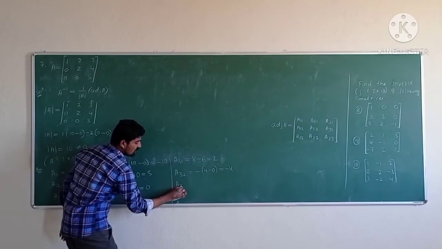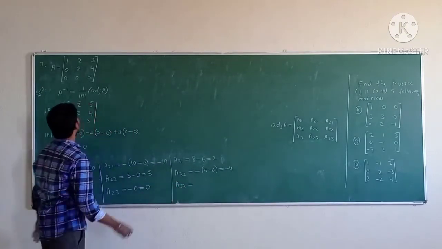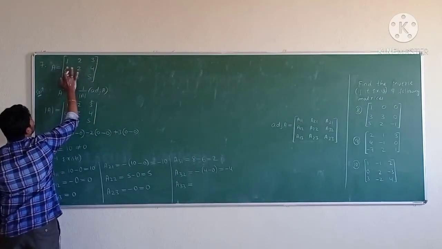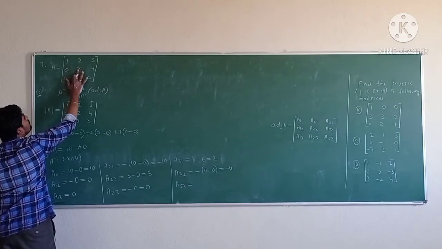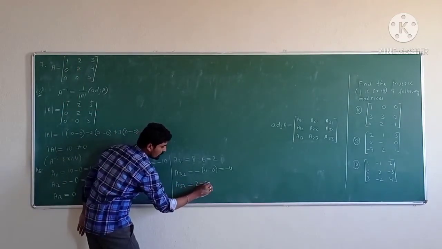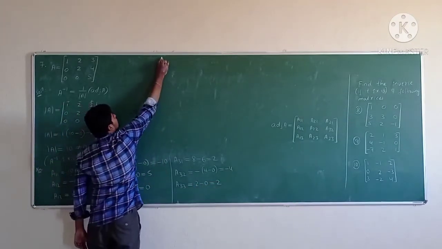Next A33 is obtained by deleting the third row, third column. After deleting this third row, third column, remaining elements 1, 2, 0, 2, 1 into 2 is 2, minus 0 into 2 is 0, so 2 minus 0 is equal to 2.